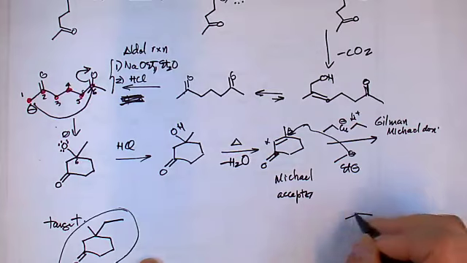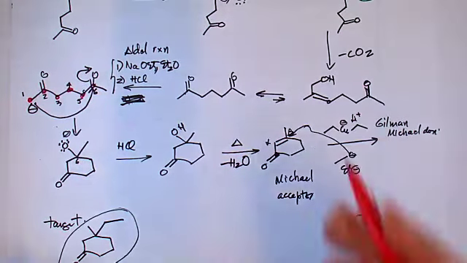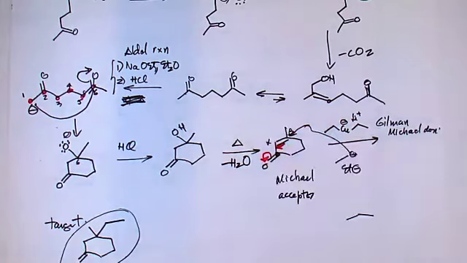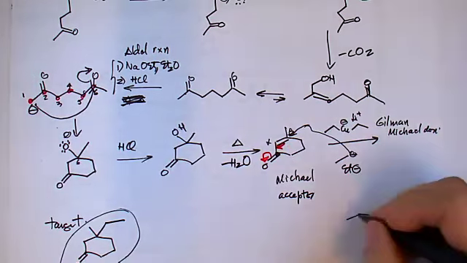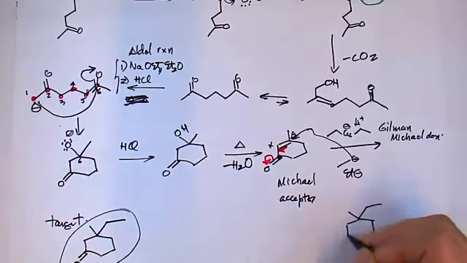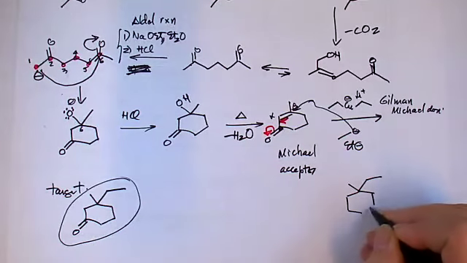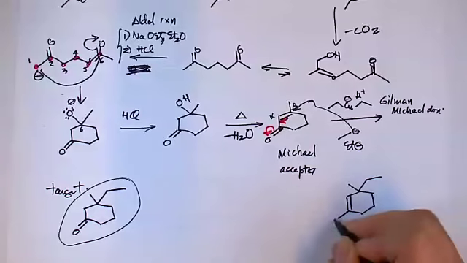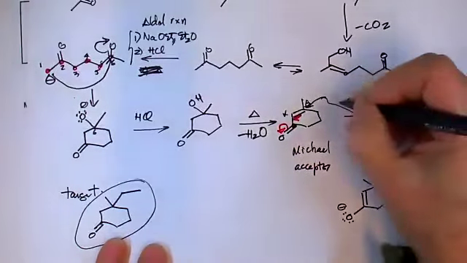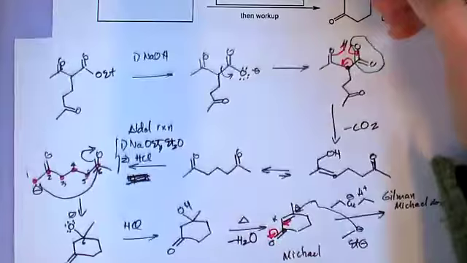I'm going to continue that arrow. When you add that here, you need to move those electrons. So my molecule now is going to look like this: I have the methyl and the ethyl that I just added with the Gilman, and a double bond here and an O negative. I have a box here, so I need to complete the reagents.